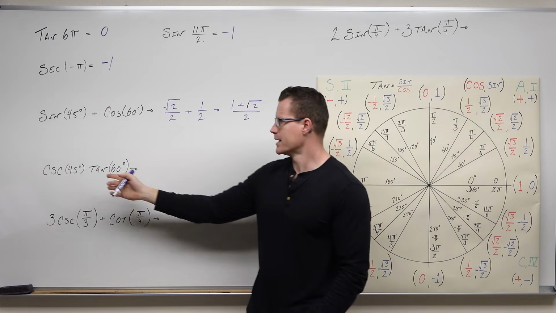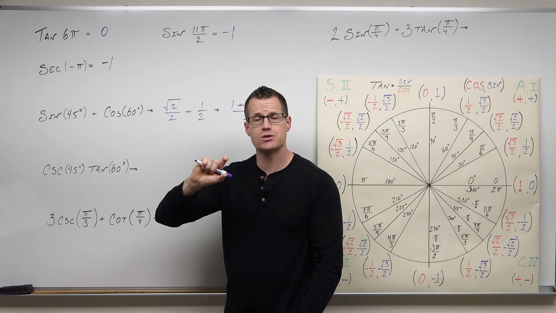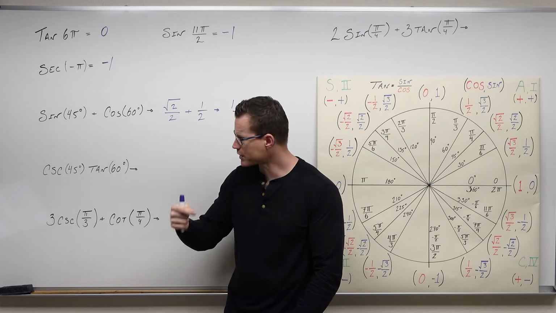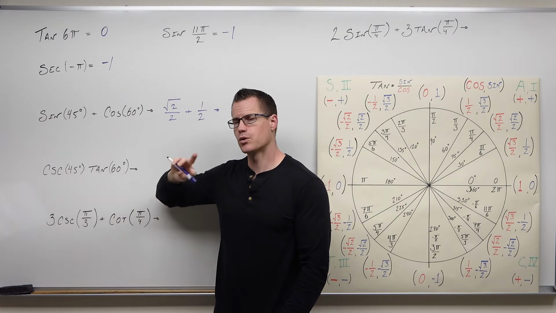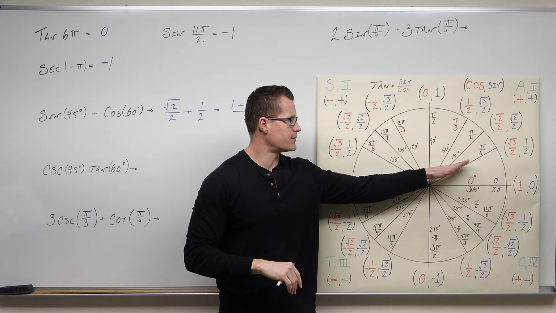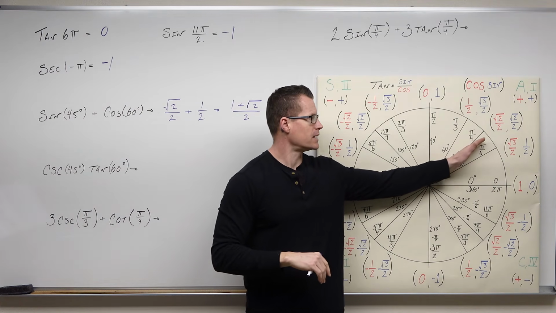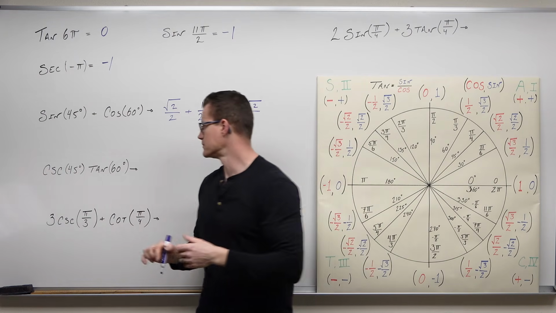I'm not going to go that far, but this is an exact answer for what that represents. Now, when we deal with things like cosecant of 45, I really need you to understand that cosecant relates to the reciprocal of sine. So what we're going to do is find sine of 45 degrees. We're going to reciprocate it, and that's what this is going to be. So here's 45 degrees, or pi over 4. Sine is square root of 2 over 2, but I'm going to reciprocate that.